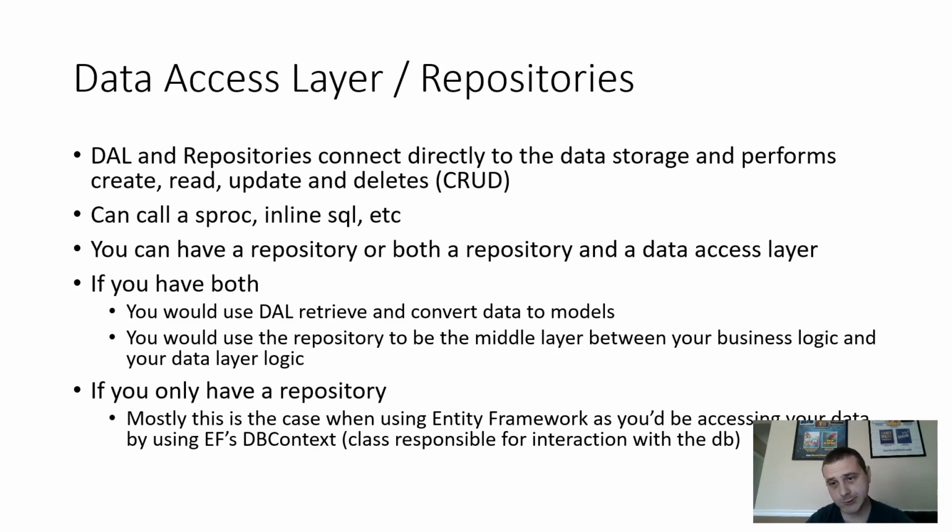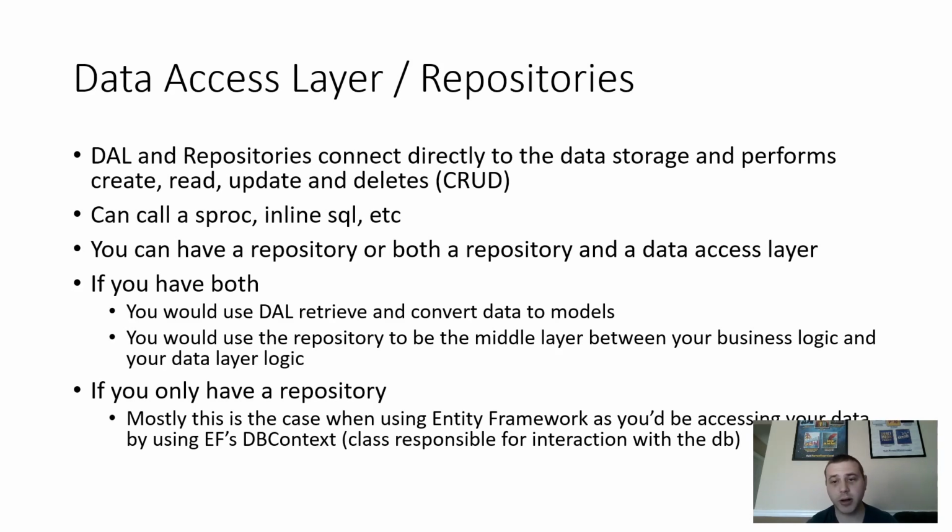So I'm probably going to get a little ahead of myself here, but let's say that you had a data access layer and a repository. You would use the data access layer to access the database and convert the data to models. And your repository would be the middle layer between your business logic and your data access layer.